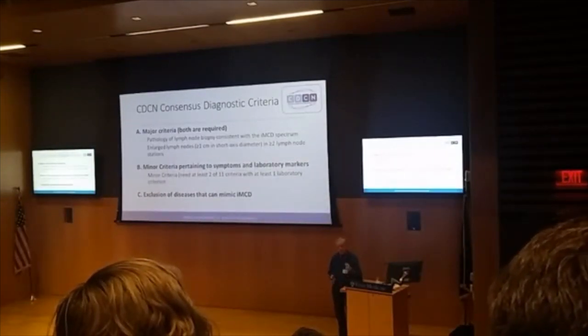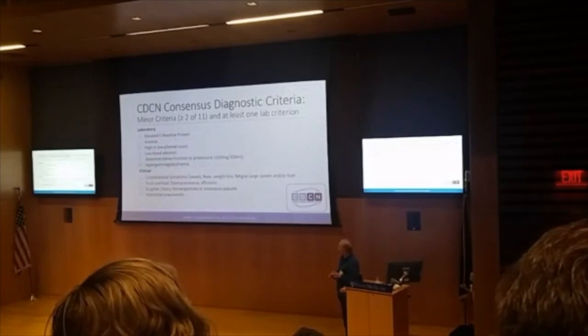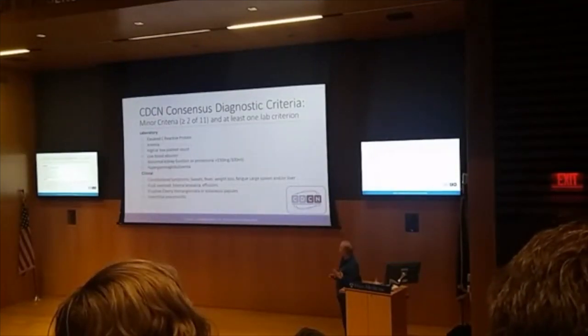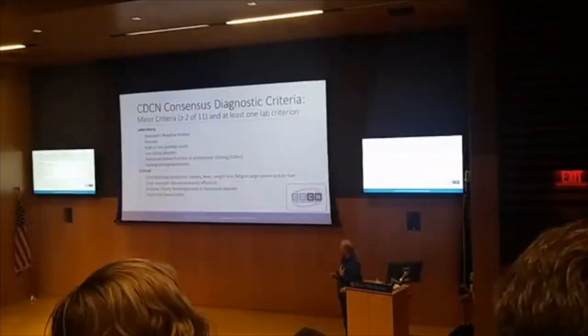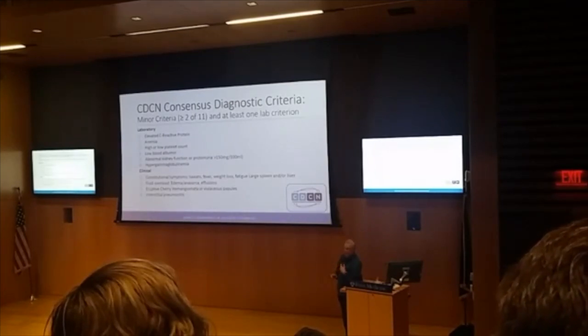And then you need to have some symptoms and laboratory markers which suggest an inflammatory syndrome is going on. These are listed here: elevated C-reactive protein, anemia, abnormal platelet counts, low blood albumin, abnormal kidney function, and some symptoms which are listed there.